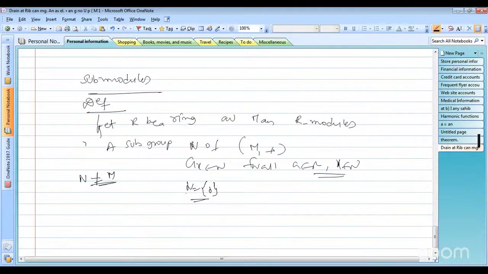We give necessary and sufficient conditions for N of M to become a submodule.